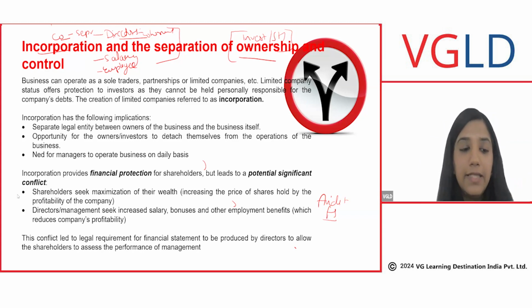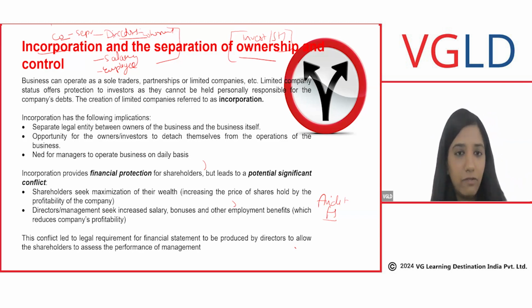Now what happens is that these two parties, the shareholders and the directors, end up getting into an intellectual fight. Why? Because the shareholder wants to maximize wealth, which means you have to cut down costs and increase the revenue. But the director and the management want a salary increase, better increments, more bonus. So ultimately it is increasing the cost, right?